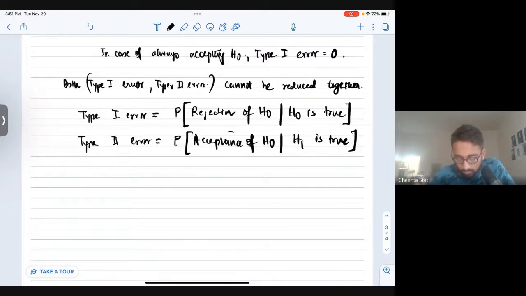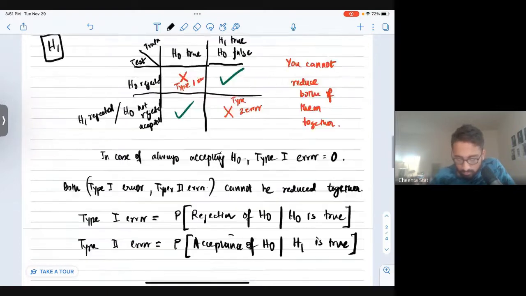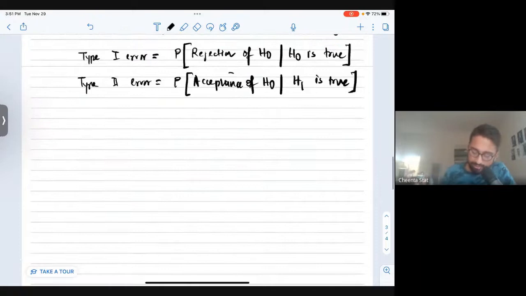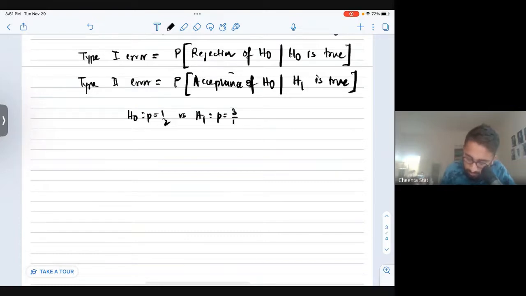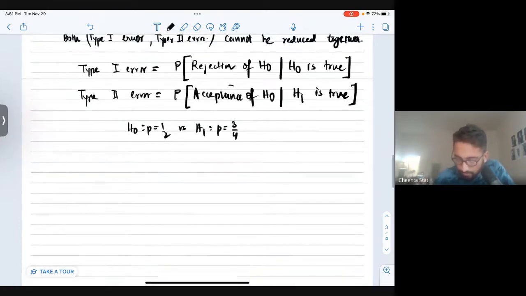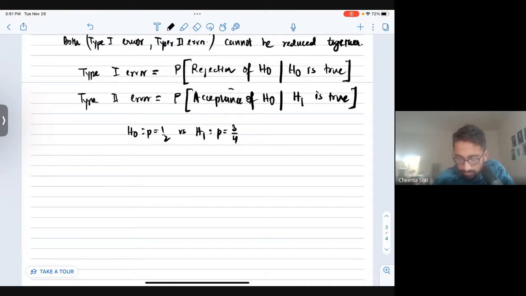Let's say the test is H naught: p is equal to half versus H1: p is equal to 3/4. If we see these two tests, the rejection region R is nothing but rejection of H naught.